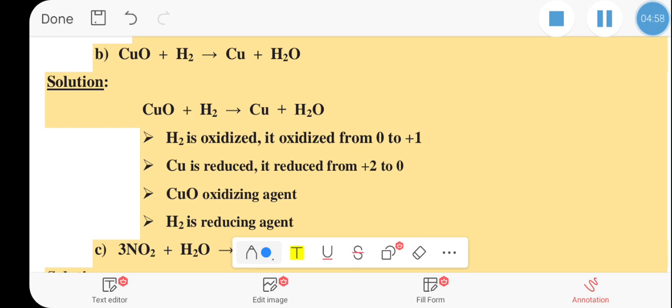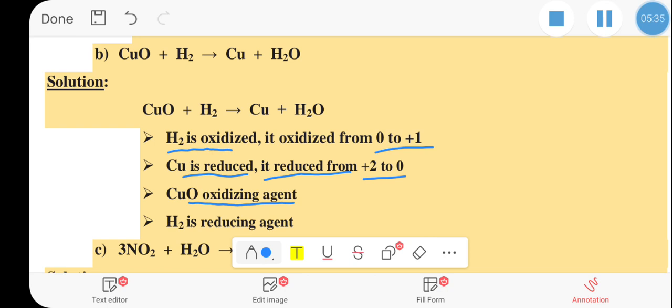Therefore, we can conclude from this analysis, hydrogen is oxidized because it oxidized from 0 to +1. Copper is reduced because its oxidation number reduced from +2 to 0. Copper oxide is oxidizing agent because copper is reduced from +2 to 0, and copper exists in copper oxide.